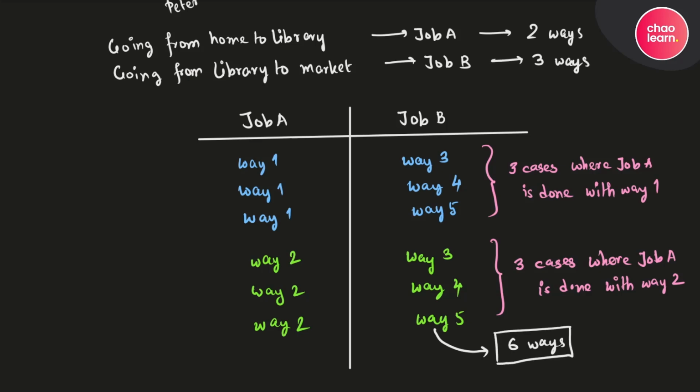So in the context of this example, it's quite simple to tabulate all the cases, right? But there are several problems in permutations and combinations in which you have to deal with a lot more cases, and in those problems, it is really inconvenient to tabulate all the possible cases. That's where the fundamental principle of multiplication makes our life simple.